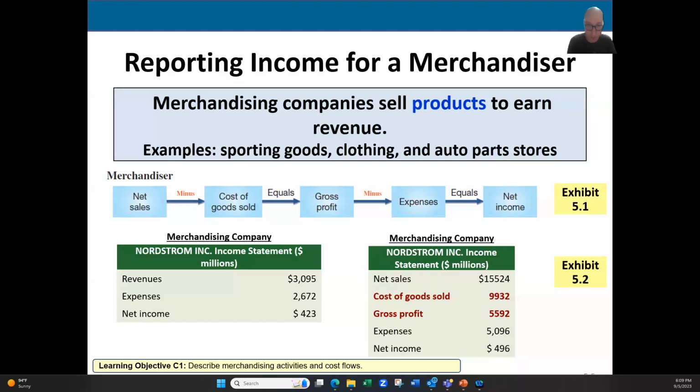But they're also very expense heavy at $5.1 billion in expenses. That leaves them a net income of $496 million. Now you're looking at this and you're saying, "Well, Dr. B, they got a lot of expenses." Yeah, that's the nature of retail. But this just helps you to break down, really truly try to understand how retailers work.